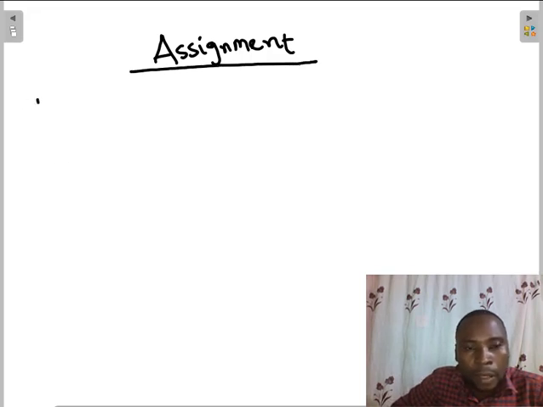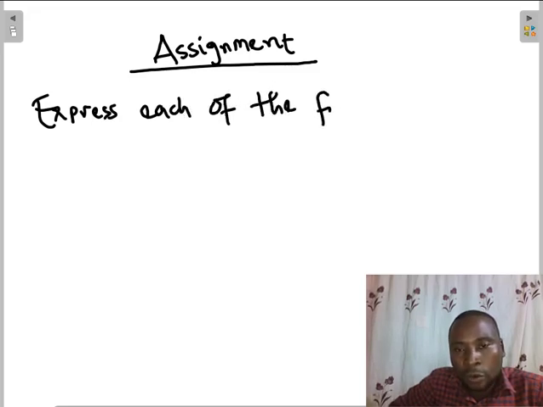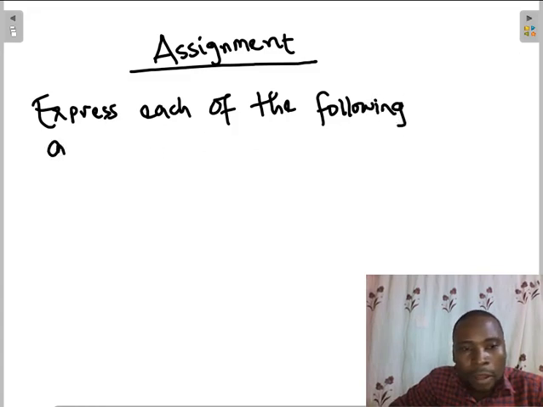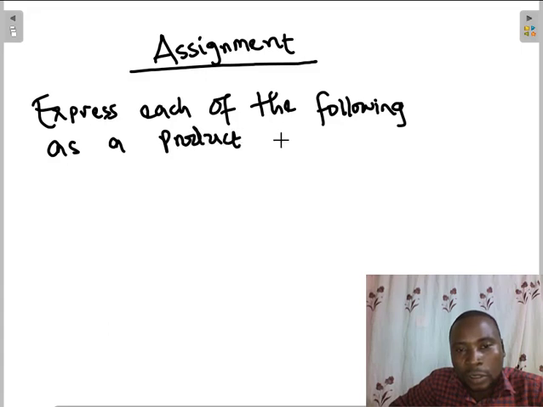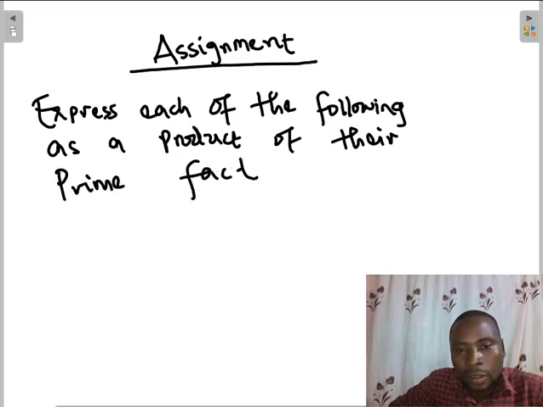Express each of the following as a product of their prime factors.